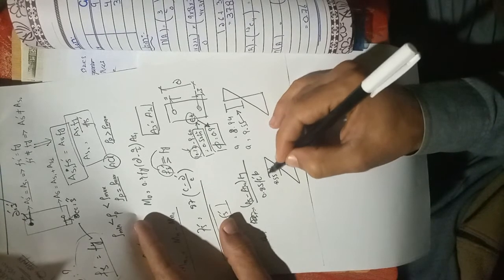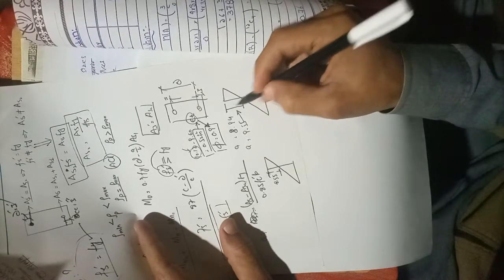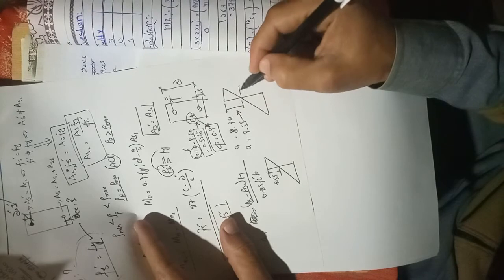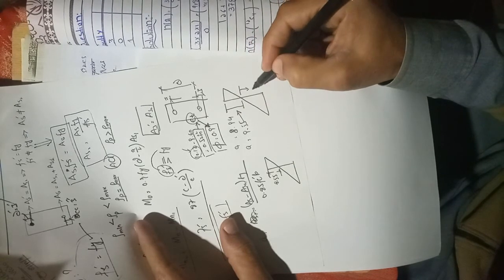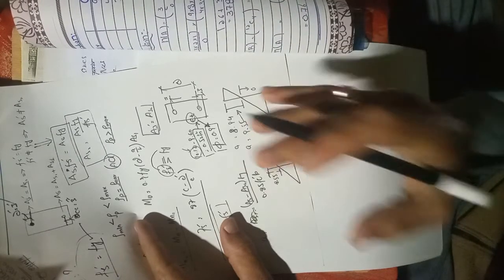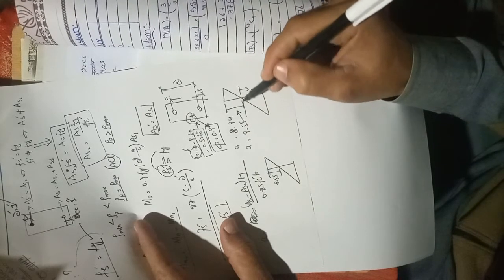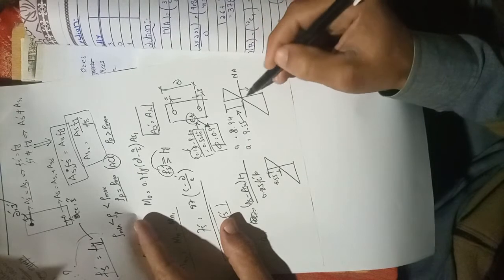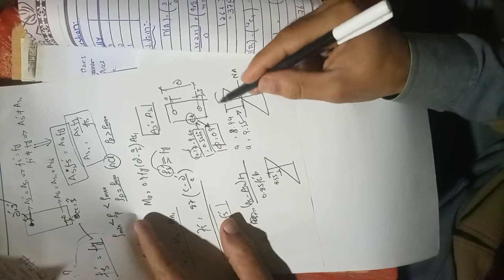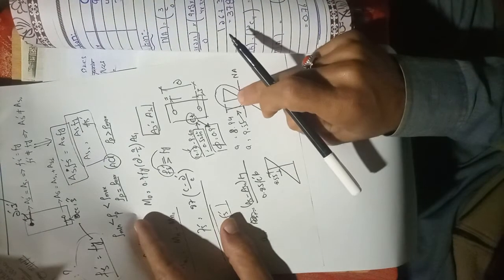It is close to the top fiber. That's why ductility is ensured. But here you can see the increase in the depth of the concrete block. It means it is leading towards over reinforced beam behavior. Under reinforced beam behavior is sure, but as you increase the a value, the neutral axis moves towards the tension zone and the compression zone area increases, so it leads towards over reinforced beam behavior. So let's see whether our check is okay or not.